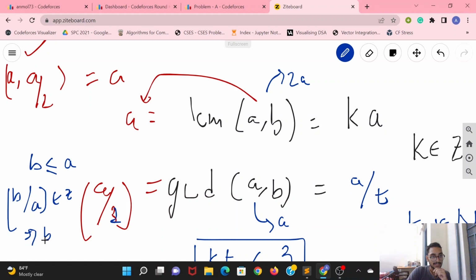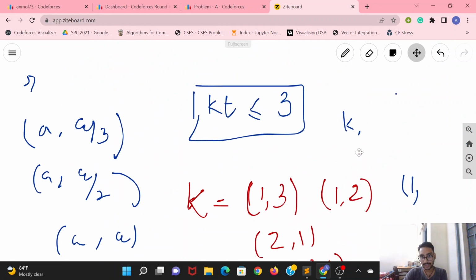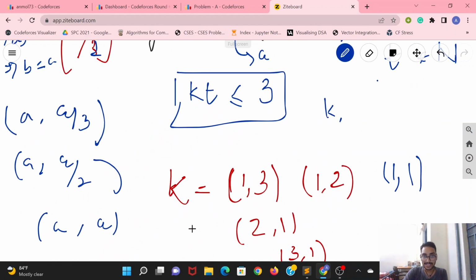This implies that B equals A. But if B equals A, then LCM of A comma A is not 2A. It is equal to A itself. And this case you have already taken care of, in A comma A. So 2 comma 1 is actually not giving us a feasible solution.